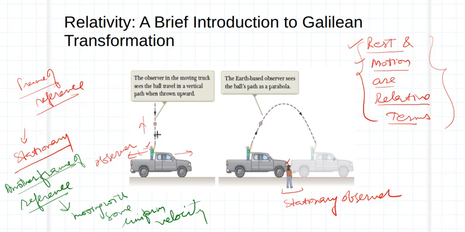When I am observing the ball from the stationary frame of reference, it seems that it follows a parabolic trajectory. So let us try to understand how this looks when we use the Galilean transformation. That is the best way to appreciate it.